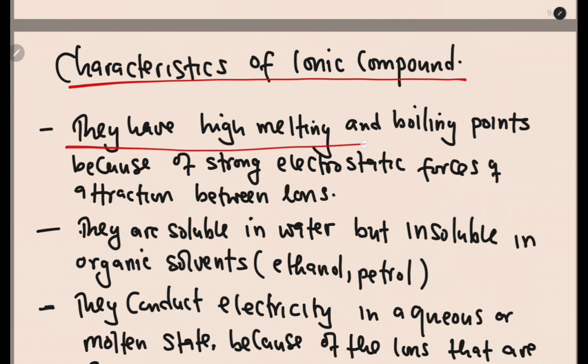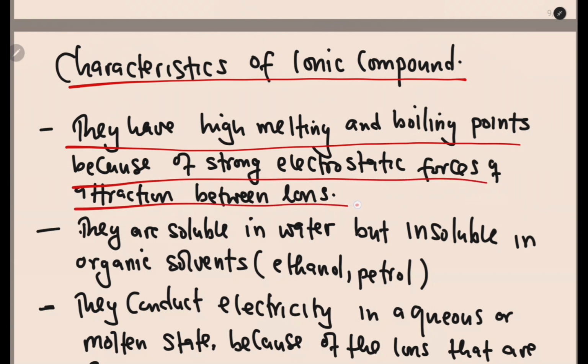So one of them, they have high melting and boiling points. And maybe the question is, why do they have high melting and boiling points? And the answer is because of the strong electrostatic forces of attraction between the ions.